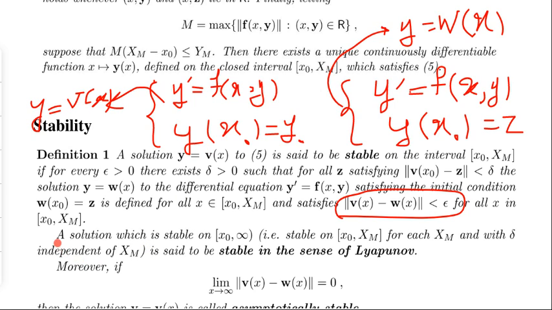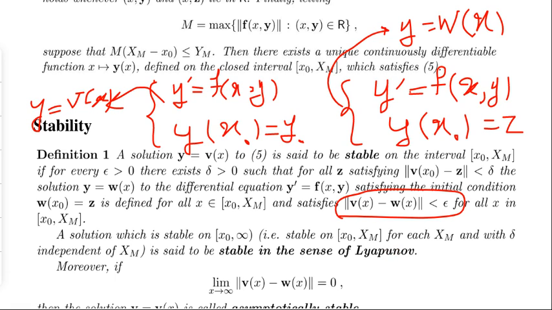So if a solution is stable on this domain x naught to infinity, then we will have a very strong condition, and we will say that our solution is stable in the sense of Lyapunov.